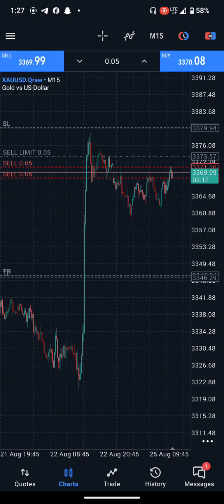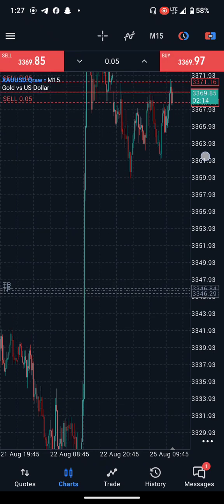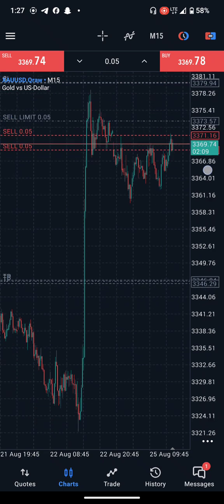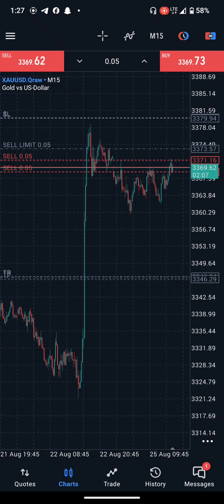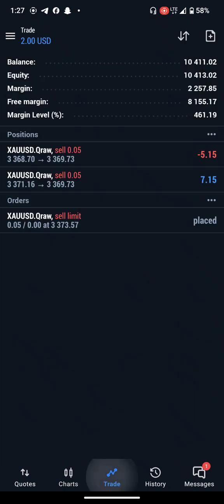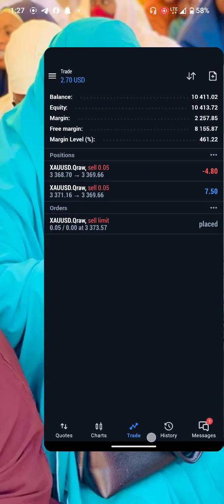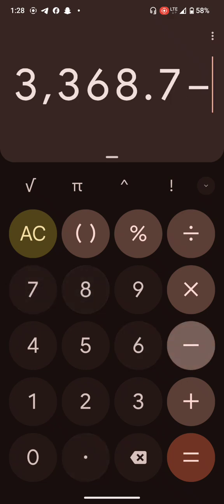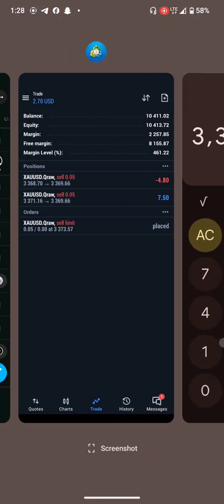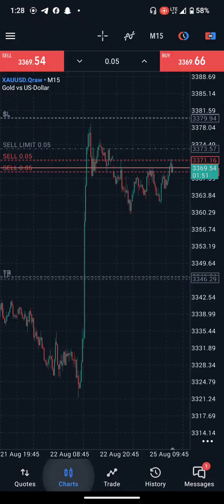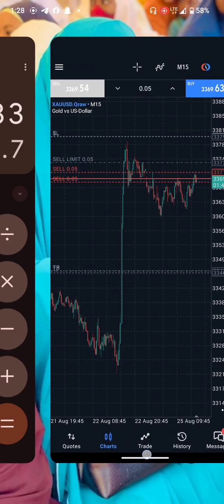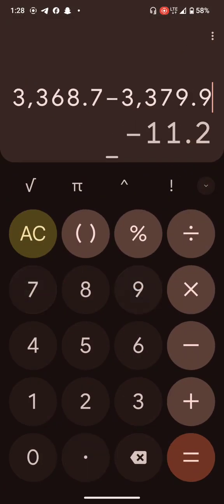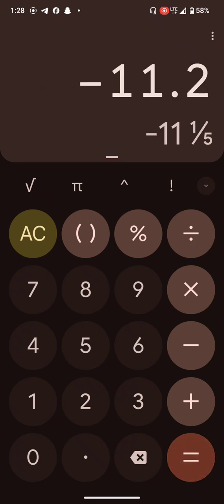So now the pips calculation. If you want to know how many pips I'm risking, you just calculate from my entry, 3368.7, to my stop loss, 3379.9. So 3368.7 minus my stop loss, 3379.9, that is times 10.